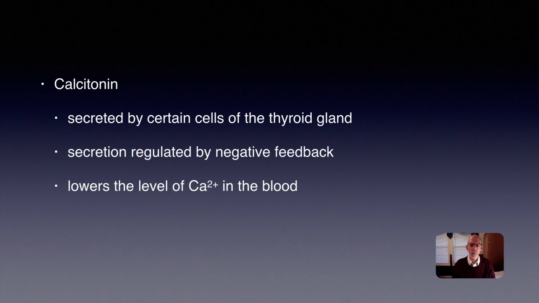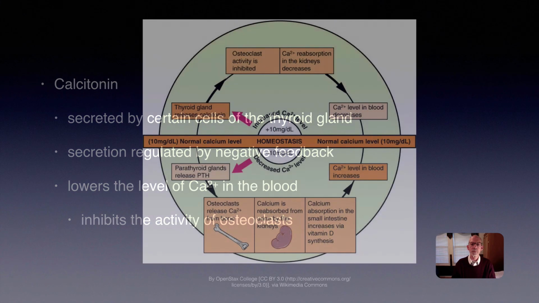Calcitonin then brings the calcium ion levels back down to homeostatic levels. And the way that it does this is by inhibiting the activity of osteoclasts. In other words, it tells the osteoclasts, don't break down tissue, don't break down the skeleton and raise it. Rather, just back off and don't put calcium ions into the bloodstream.